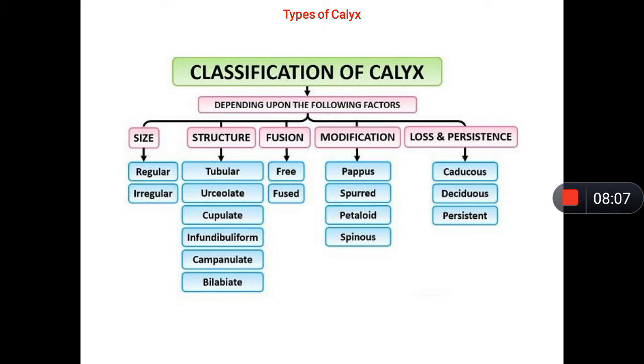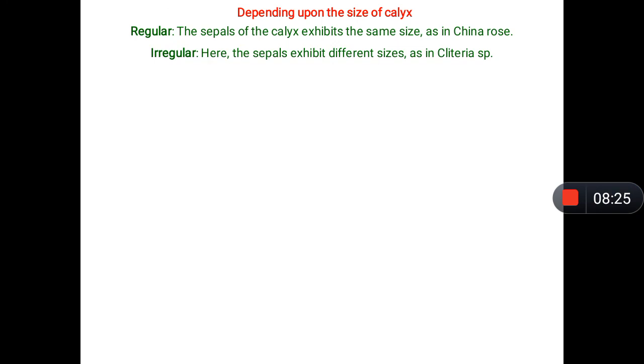So let's go through each type of modification or types of calyx. Depending upon the size of the calyx, it is divided into 2. There are 2 types: regular and irregular.